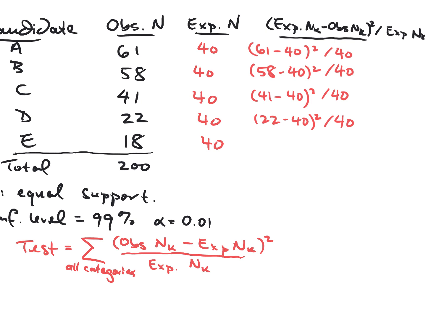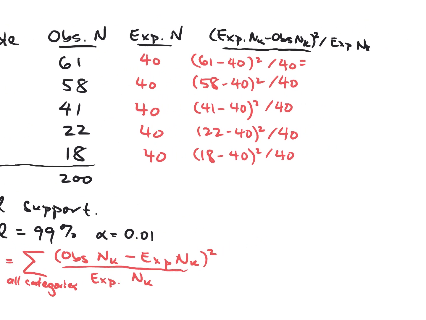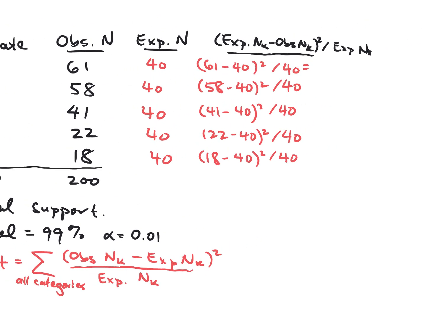And then the final category, we observe 18, we would expect 40, square that, and divide by 40. A little bit more calculation here. So this is 21 squared over 40.